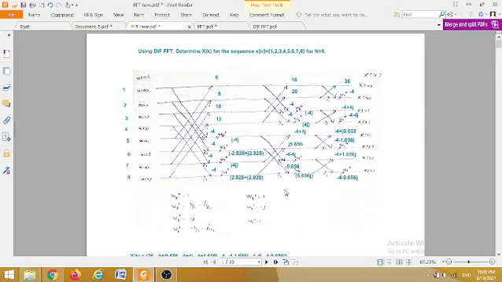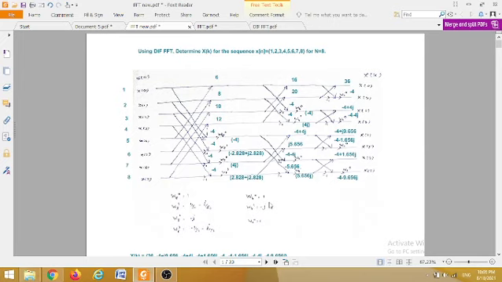Similarly, W4 power 0 is also 1. W4 power 1 is e power minus j 2 pi by 4, which is going to be pi by 2.